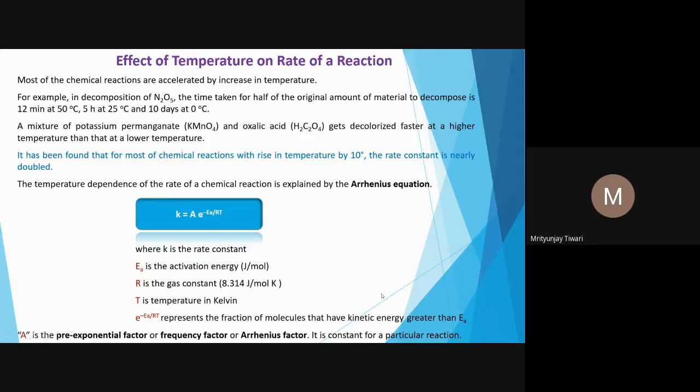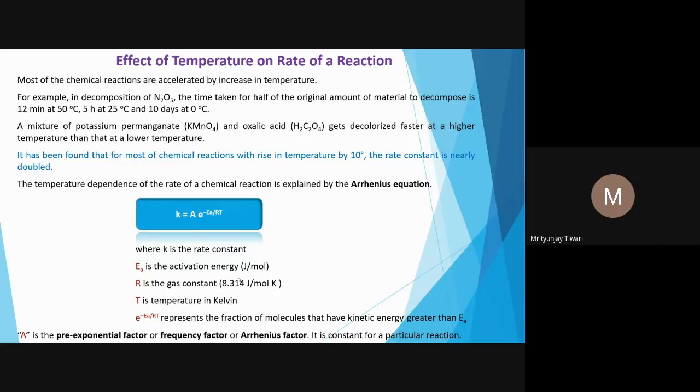For now you should just remember that activation energy is the energy which is required for a reaction to happen. If the reactant molecules, because of collisions, gain that energy, they will cross the barrier and be converted into the product. And if the reactant molecules do not have that much energy, they will not be converted into the product. They will remain in the reactant form.